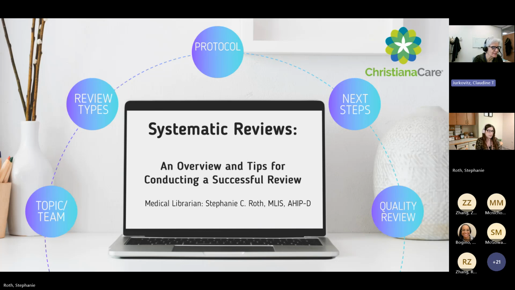She has had multiple leadership roles. For example, she was a Medical Library Association chair of the Systematic Review Caucus in 2022 and 2023, and the immediate past chair in 2023-2024. And she was recently awarded the President's Award from the Medical Library Association.